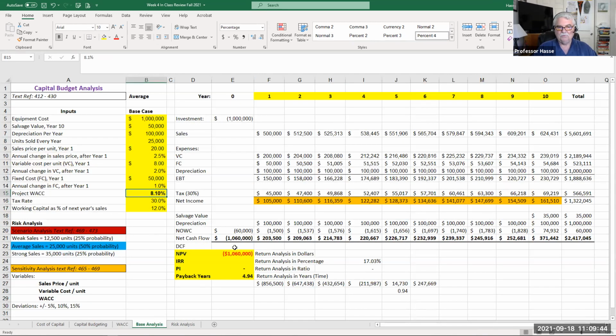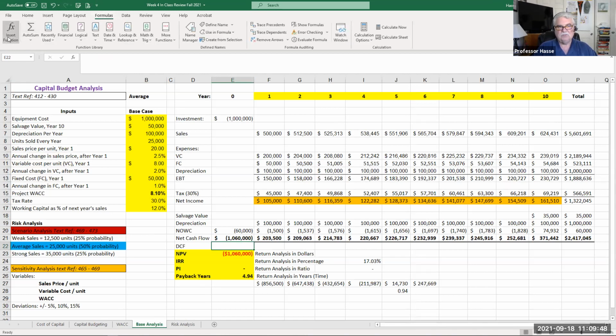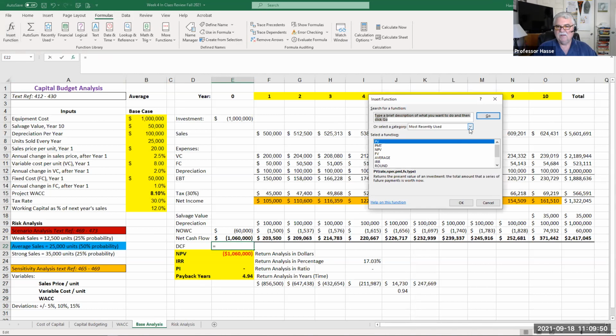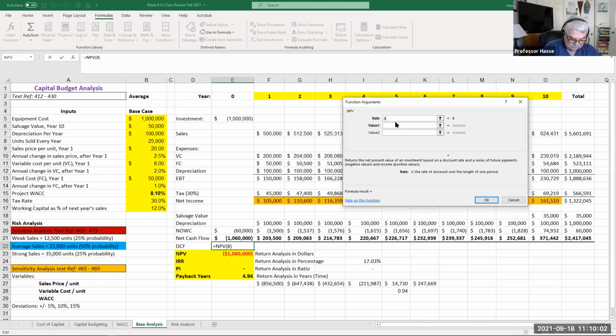So now I go to my formulas, function, financial, and I look for the function NPV, net present value. Our cost of capital is 8.1%. Our values are year 1 through year 10.